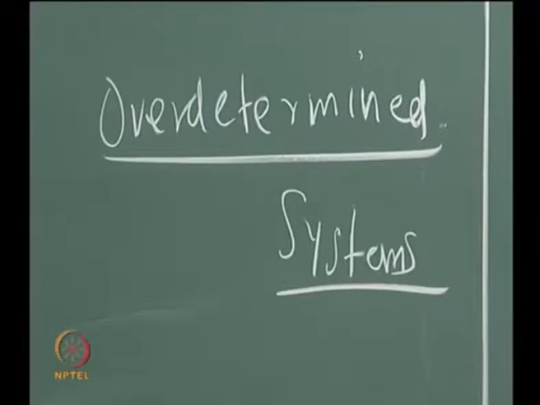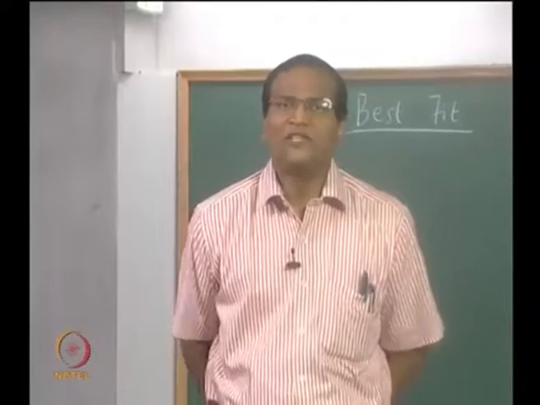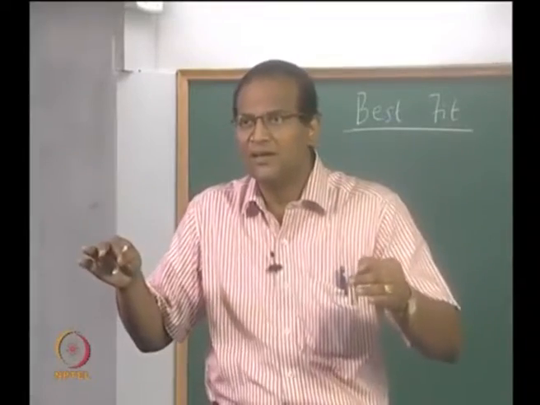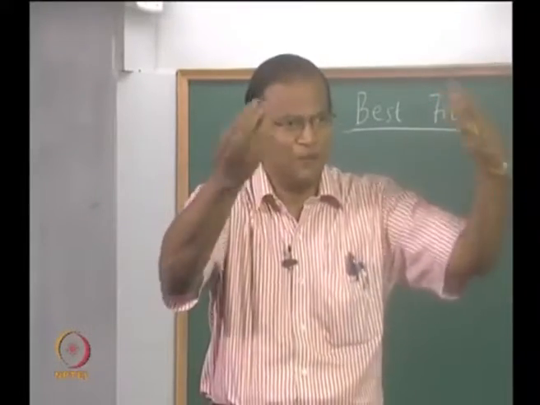So what is an overdetermined system? An overdetermined system is a system which has far too many data points compared to the number of equations required to regress a particular form of the equation.